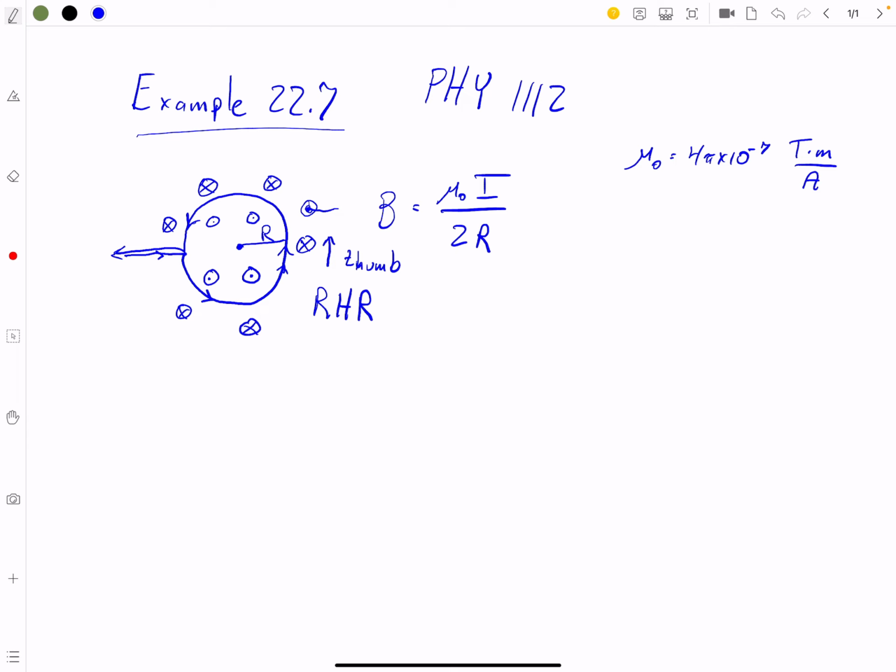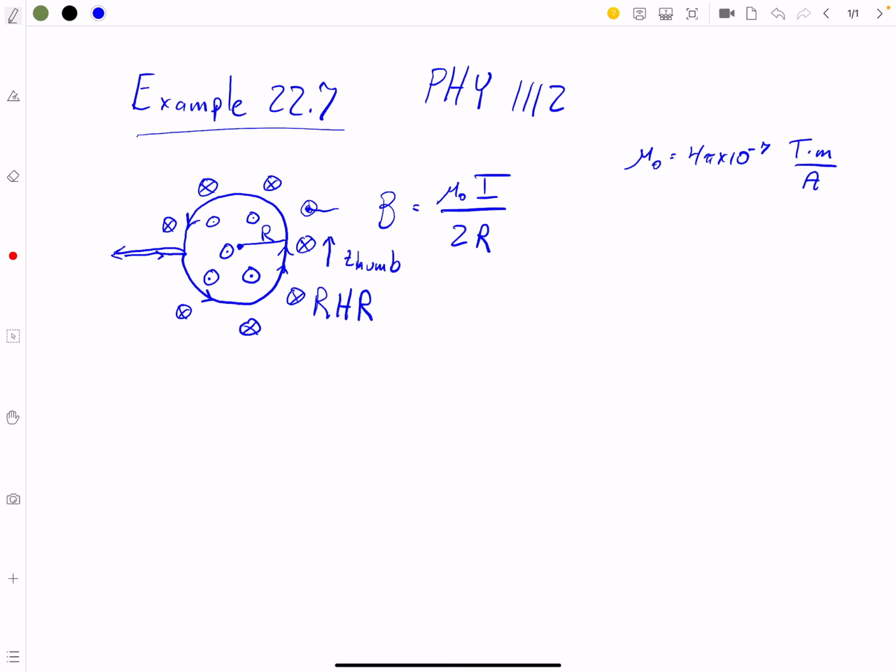Okay. So that's what our B field looks like. It's more uniform on the inside than the outside. The inside actually has a fairly uniform B field, and the more loops you have, the more uniform it is.